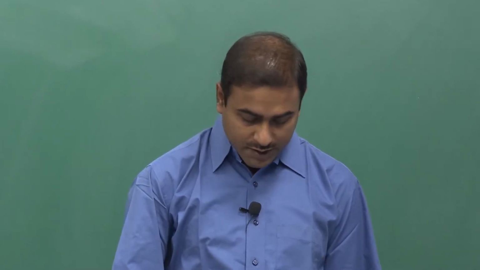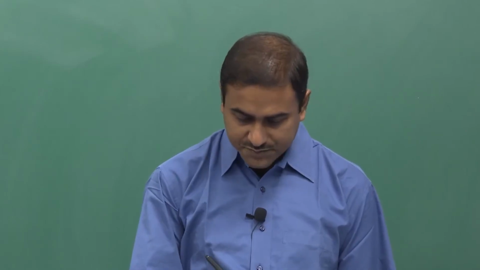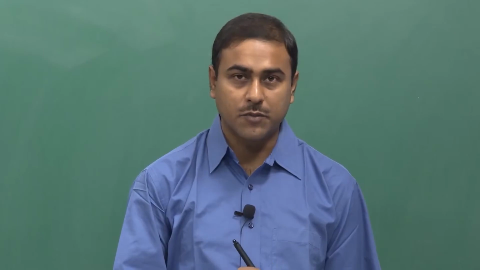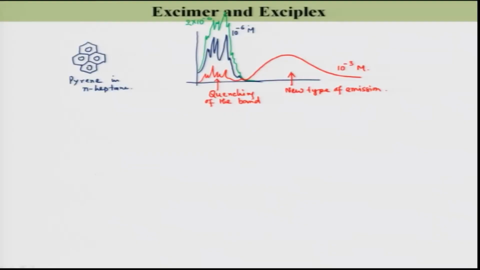To explain this, let me take the ground state and the excited state of this pyrene molecule. Let us say this is the HOMO and LUMO of this pyrene monomer, one pyrene molecule, and in the ground state both the electrons are in the HOMO.